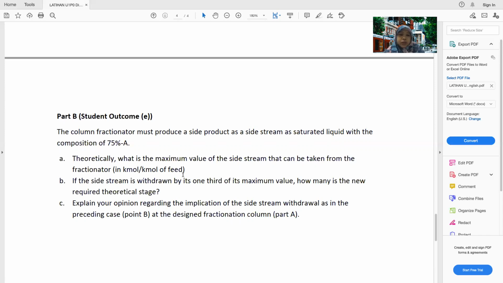Then we need to calculate the new theoretical stages, and also give some opinion regarding the column fractionator.